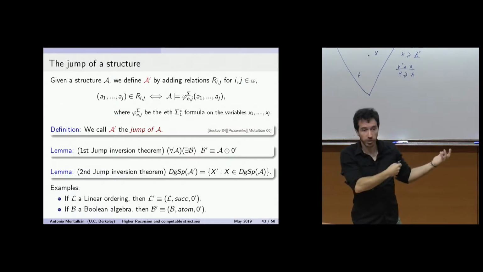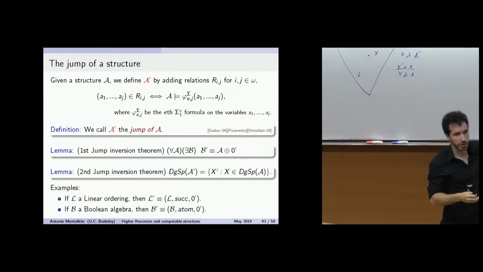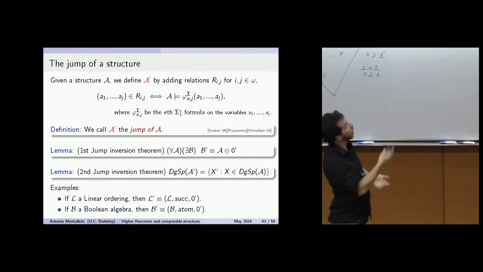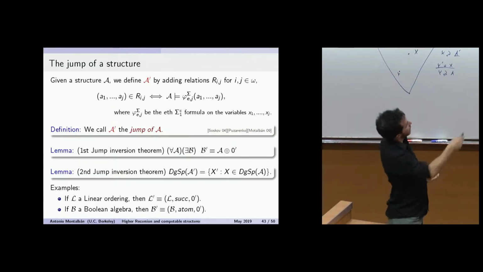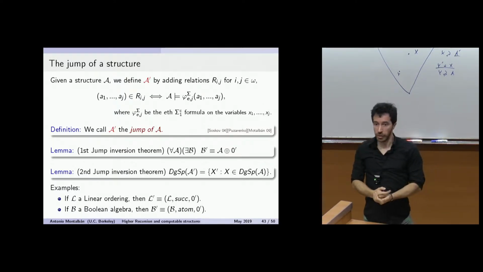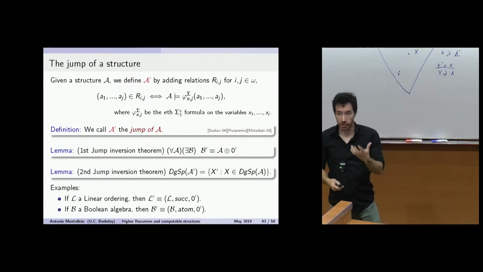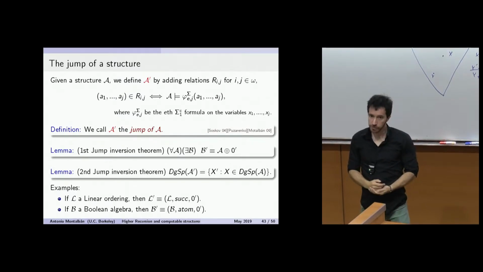You can compute all the others, up to computability in the sense of computable structures, so relatively intrinsically computability, or computably infinitary delta 1 definable. Up to that, if you add the successor, it's the same as adding all the sigma 1 formulas. And in the case of Boolean algebra, if you add atom, that's the only structural thing you need to add to get all the sigma 1 formulas.